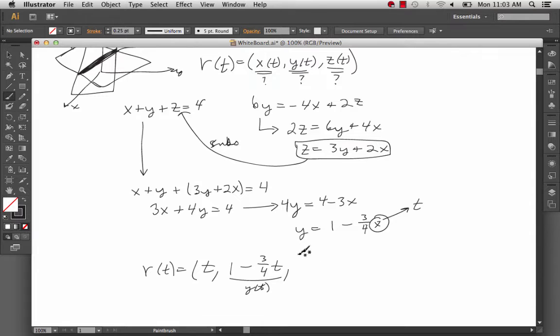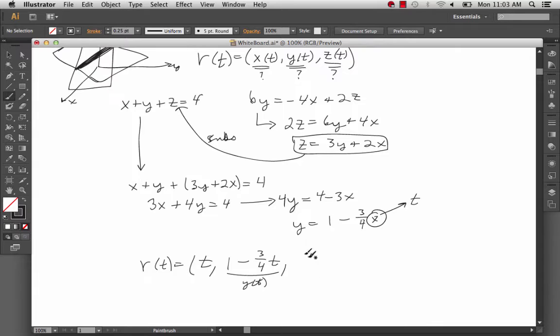The last thing we have to do is to solve for z in terms of t. If x is equal to t, and y is equal to 1 minus 3/4 t, you now have z in terms of t.